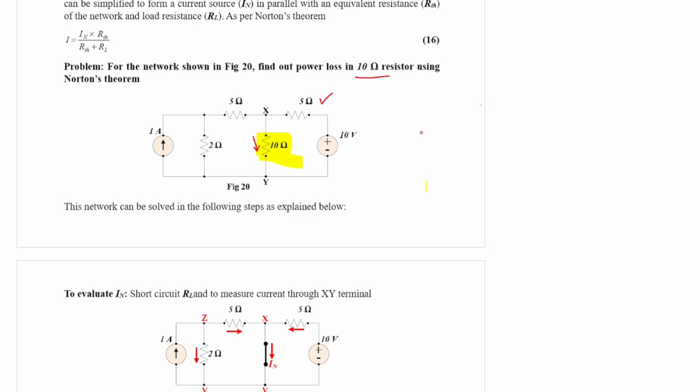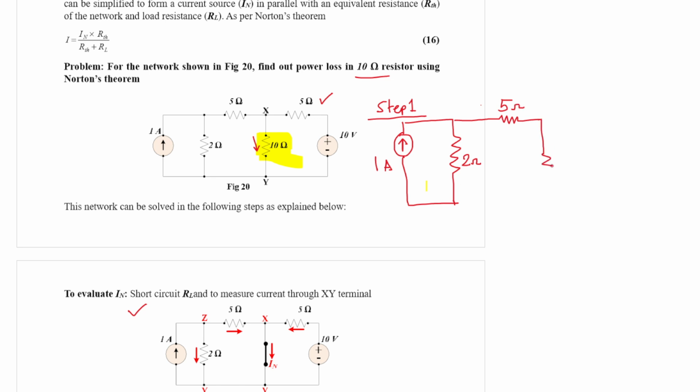So once you redraw the circuit, step 1, let me draw the circuit again. This is a 1 ampere current source. This is a 2 ohm resistor. Then we have a 5 ohm resistor.